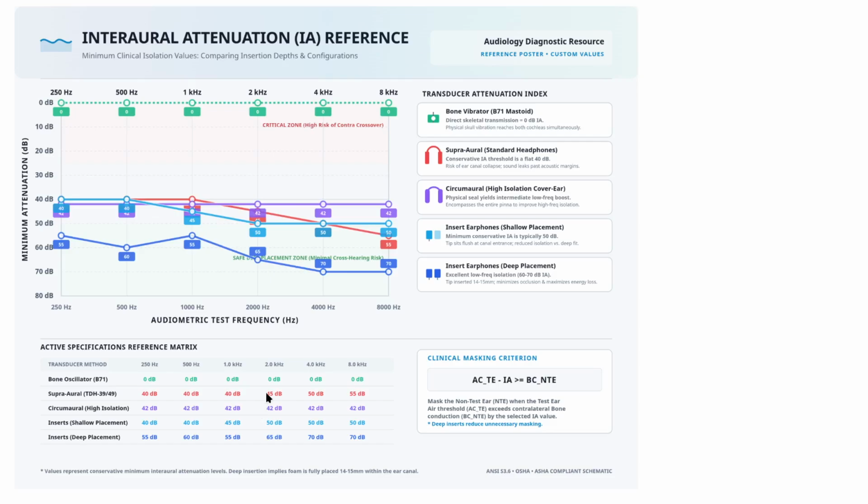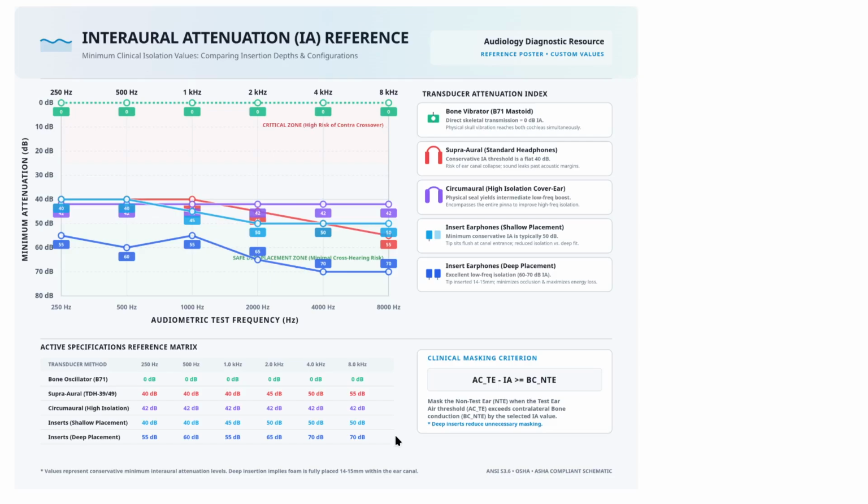And here's the distinction I make between the textbook and the newest available data. Insert earphone intraoral attenuation at low frequencies for shallow placement is 40 dB, and at high frequencies it gets up to 50 dB. But for a deep insertion, minimum is 55 dB, getting up to as high as 70 dB. So it just depends on the frequency.